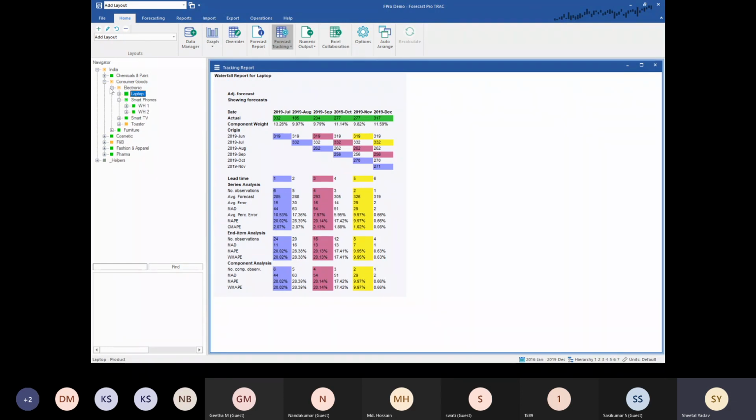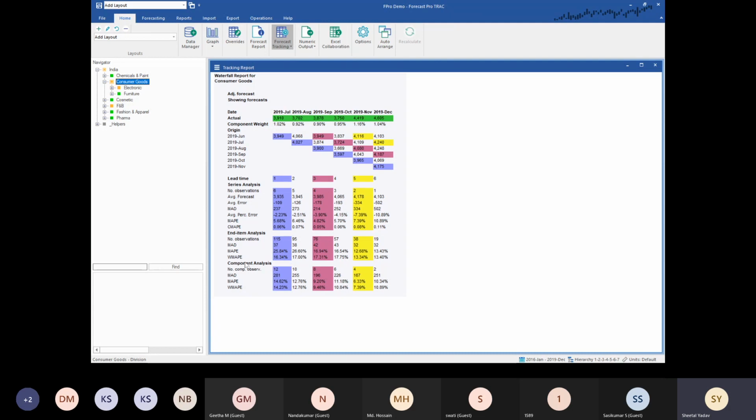So for consumer good, at the consumer good level, the next option that we need to look at is the components of my consumer good, which are electronic and furniture. So the electronic and furniture categories together form the components of my consumer good.